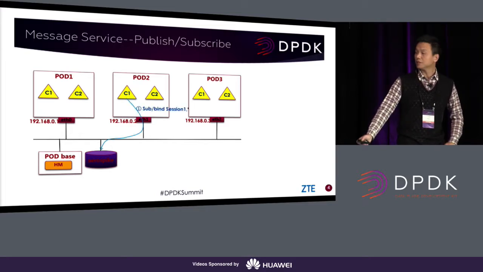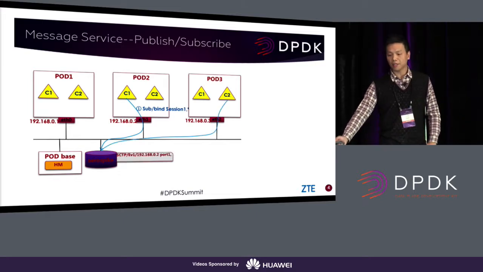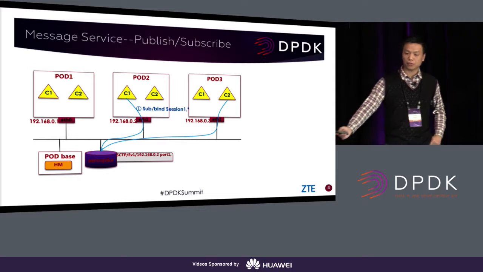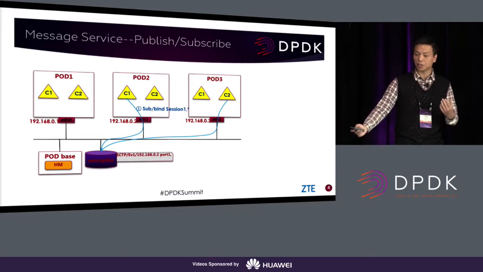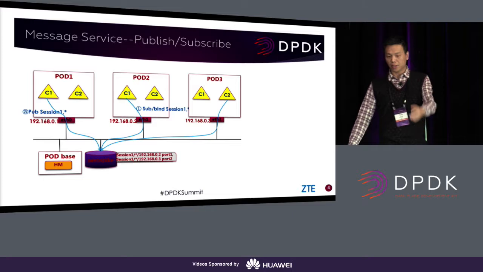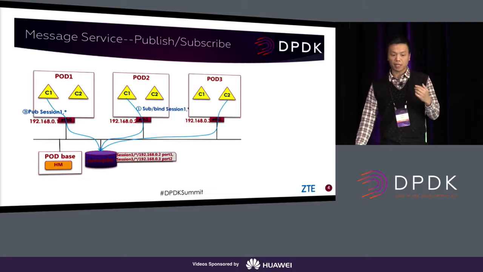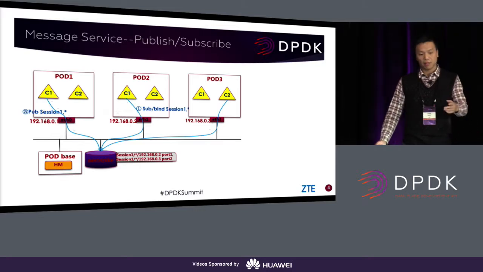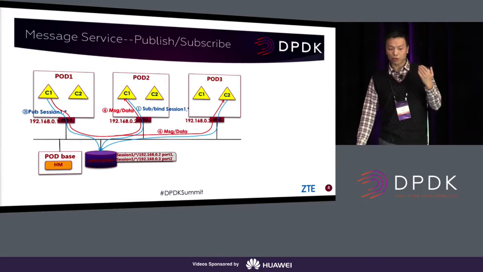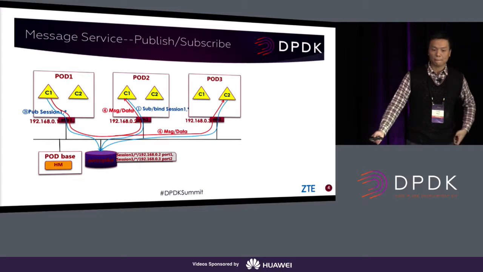First, container 1 in port 2 and container 2 in port 3 will subscribe to a service called session 1. And who has the service of session 1? Container 1 in port 1. It will receive the subscriptions of port 2 and port 3, and it will publish the session 1 message and data to port 2 and port 3.